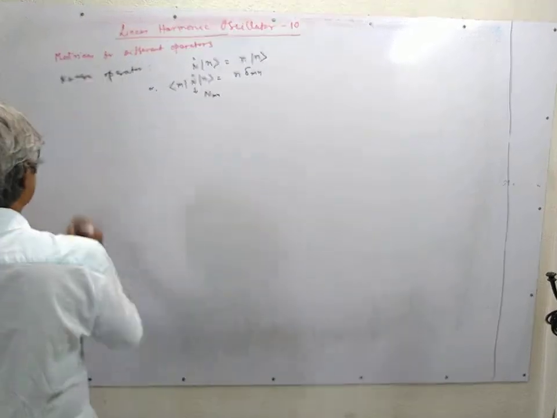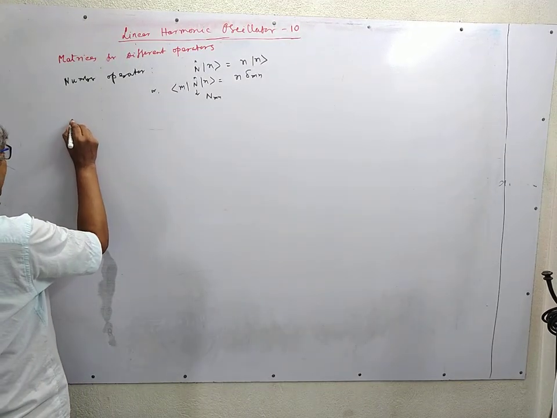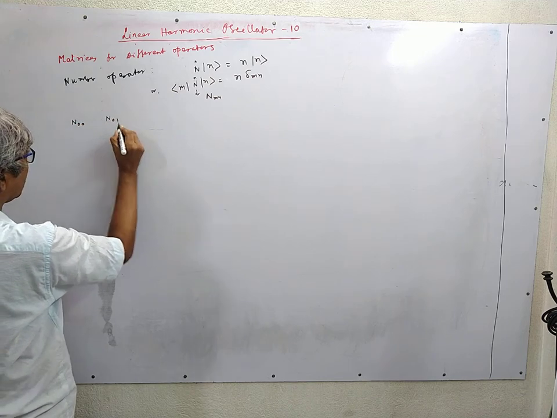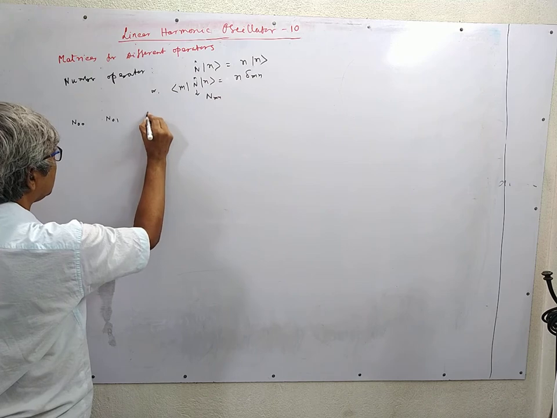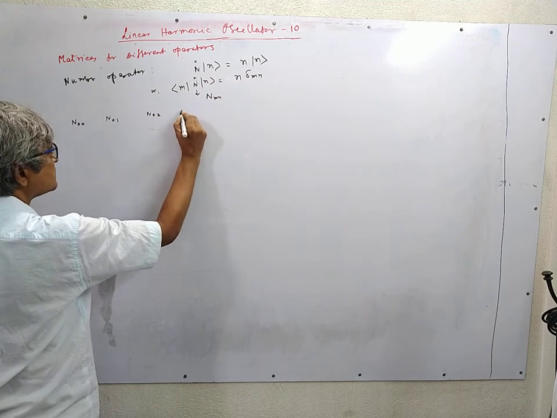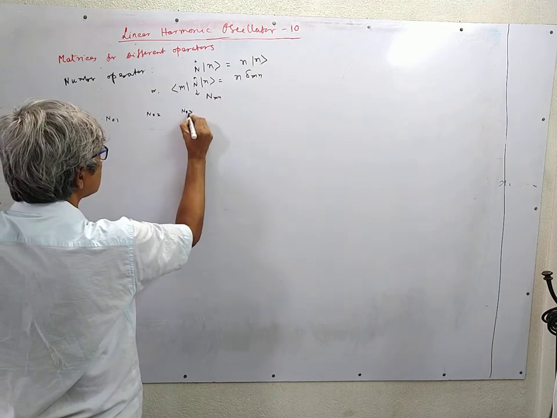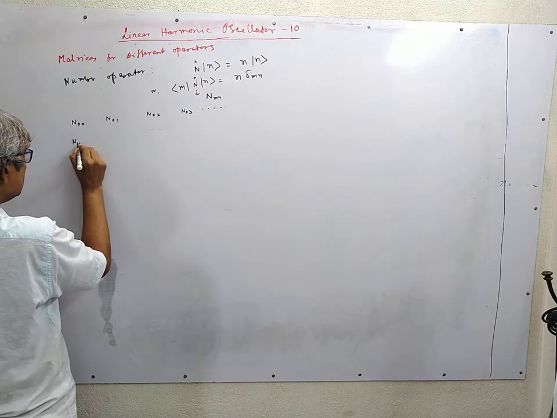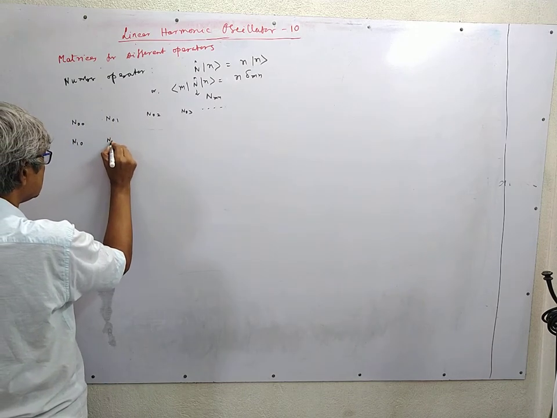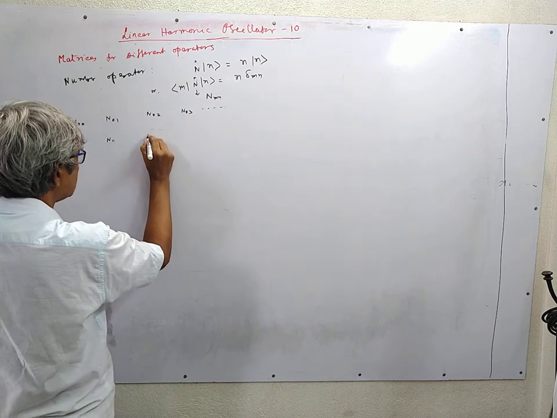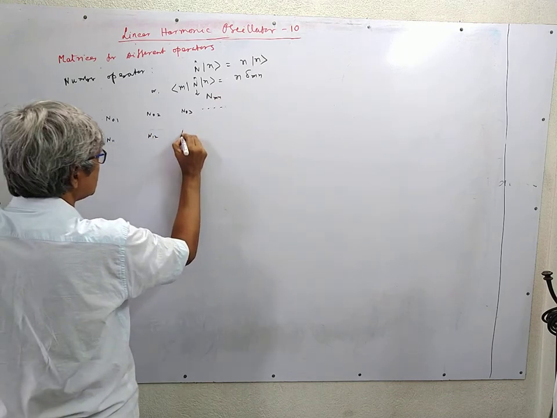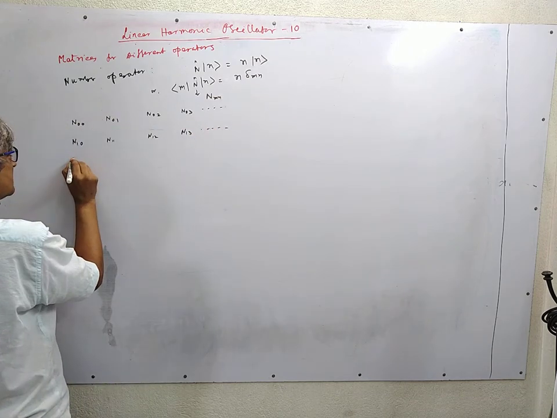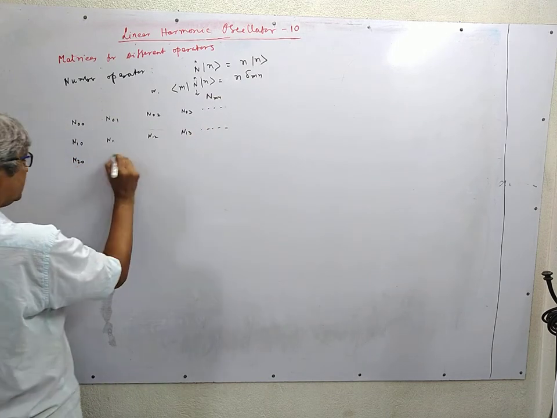So, the n matrix is actually given by this.